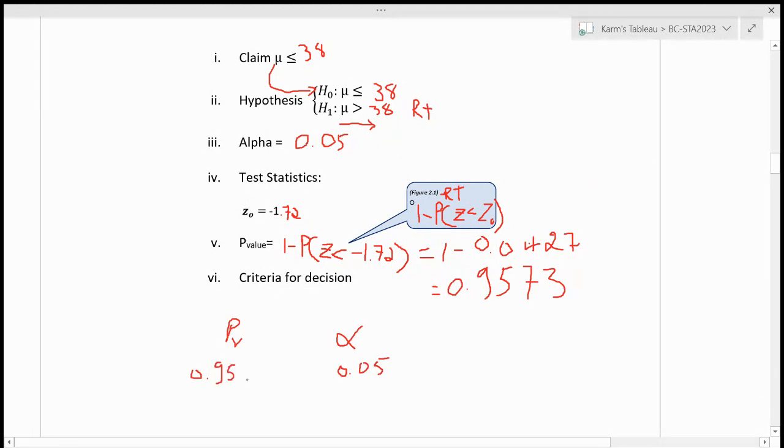Now my question to you: are we going to reject or fail to reject H0? Would you reject or not reject H0? Yes, because the p-value is greater than alpha, we're going to say do not reject H0. Do not reject or fail to reject mean the same thing.